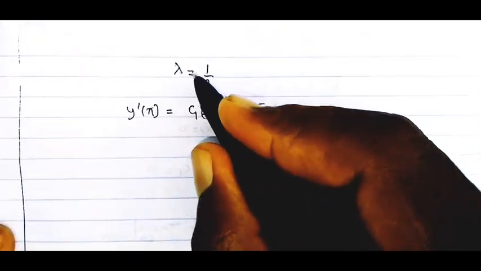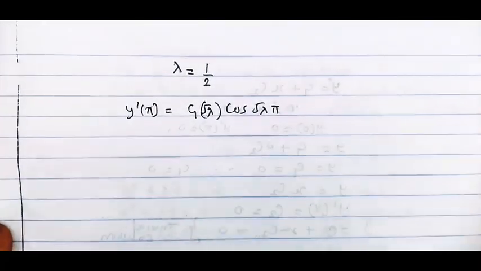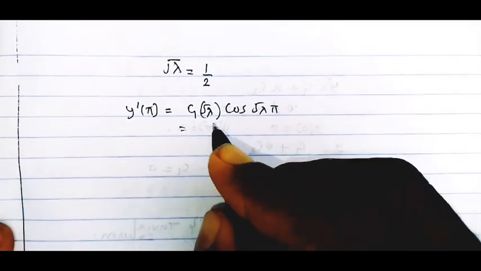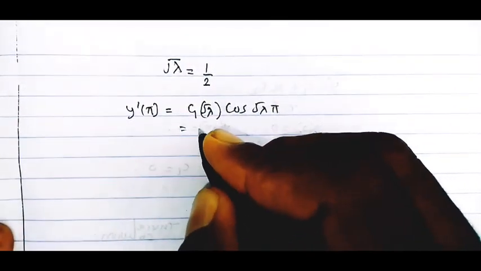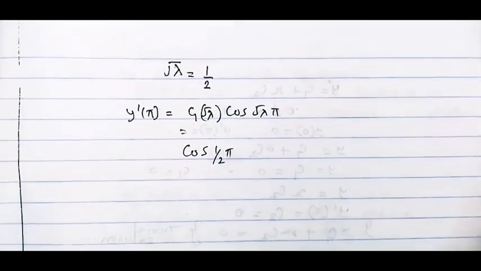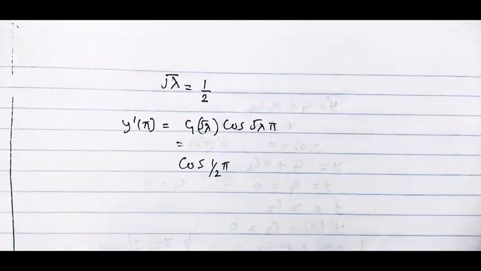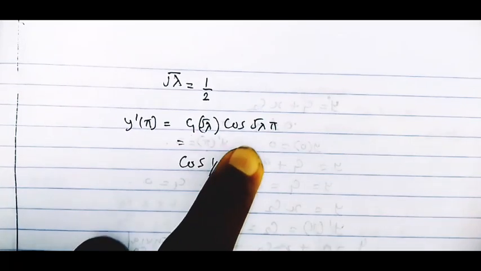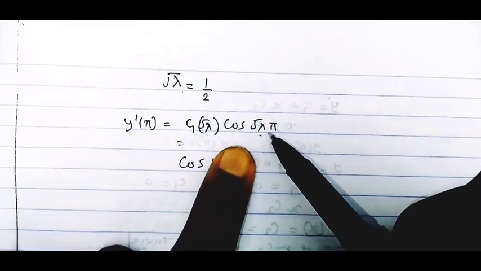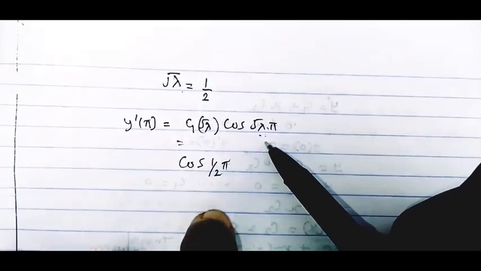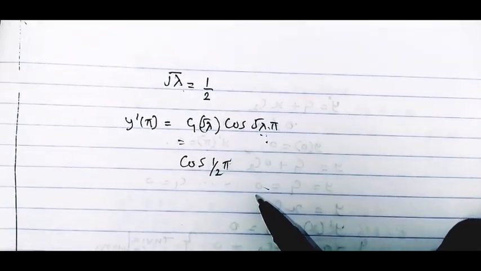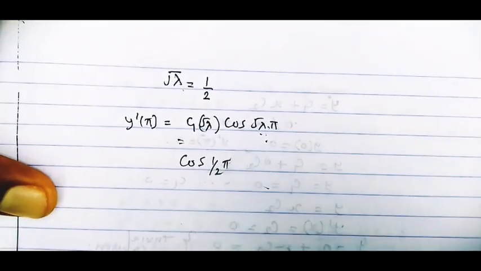When I put it here, I have cos of 1 over 2 pi. So since we have one value, 1 over 2, that will make cos 0, because when I replace it I have pi over 2, which is 90, and which makes it 0.